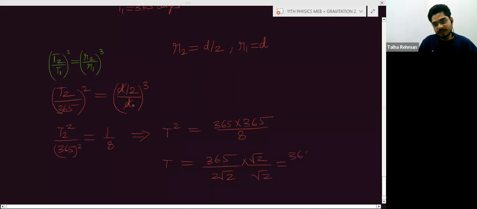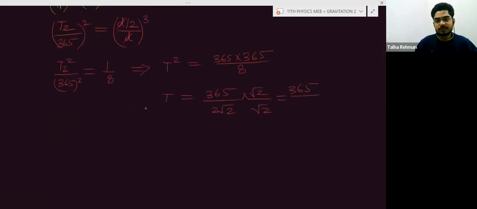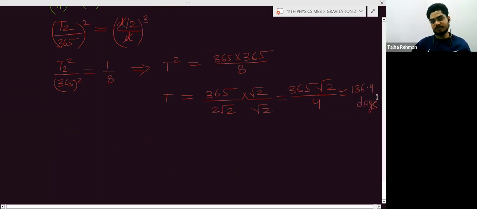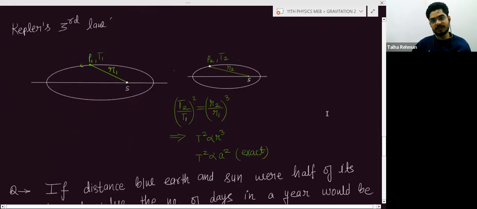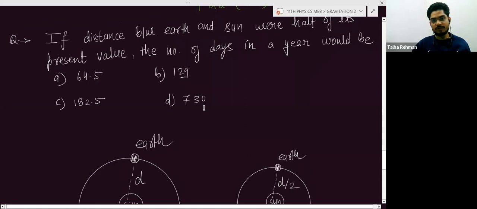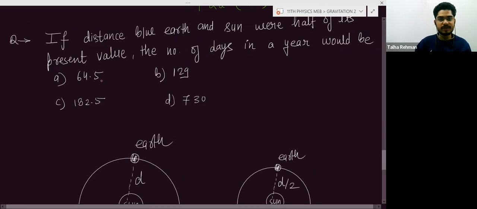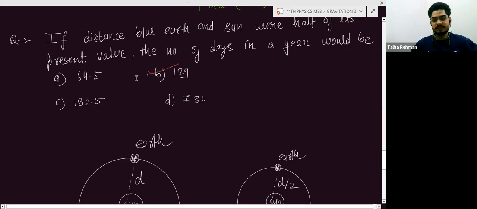So you will get 365 root 2 divided by 4. So approximately this answer you will find is 136.4 days. So you have to check the nearest answer in the options. Nearest to 136 is 129 days, so the other options will be incorrect, and the answer is 129 days.